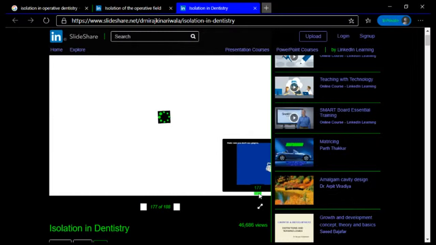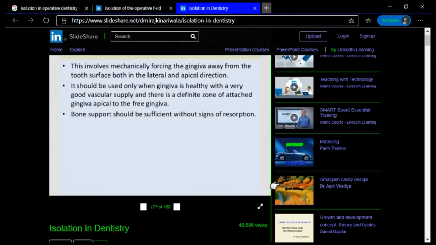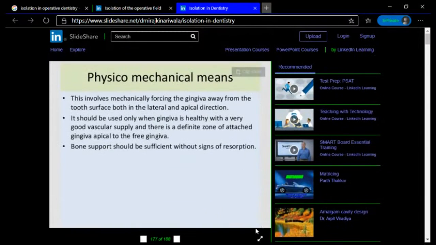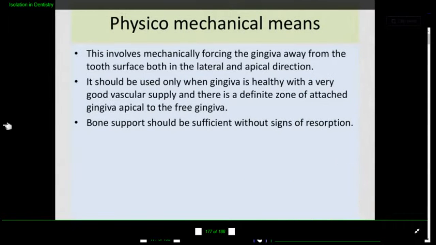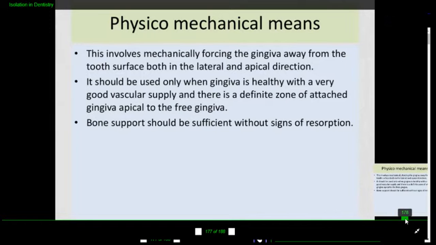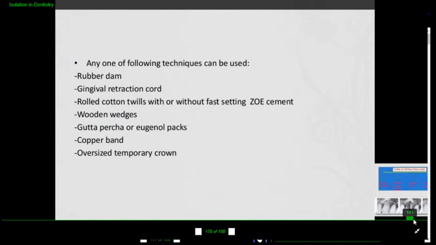Let's see what is in the conclusion, because this is what we are here for, as we want a conclusion for this subject. It's a very important subject in dentistry, ways of isolation of operative dentistry.